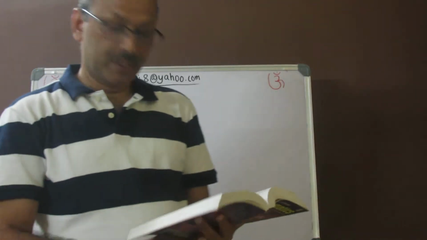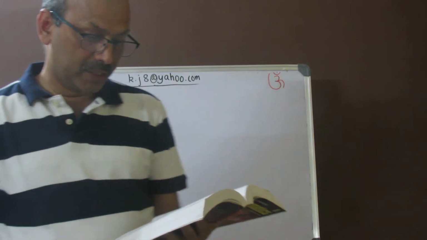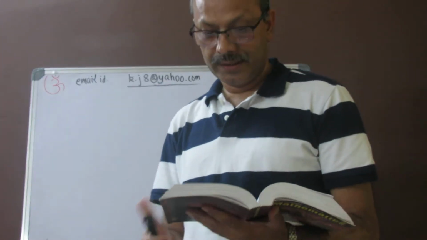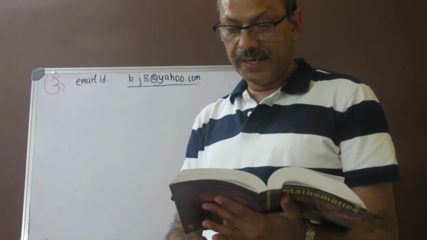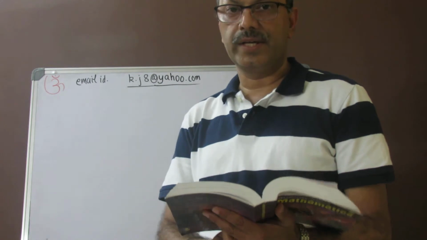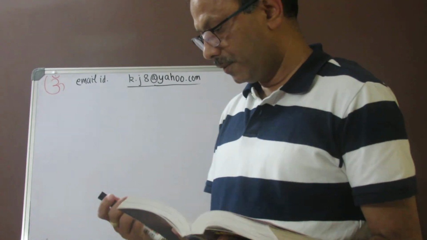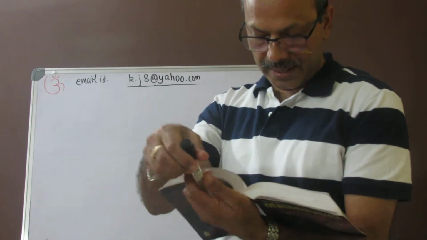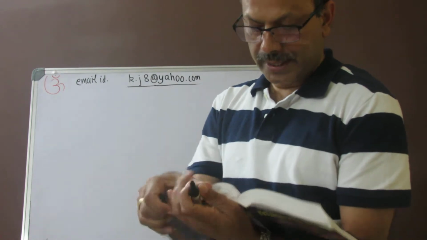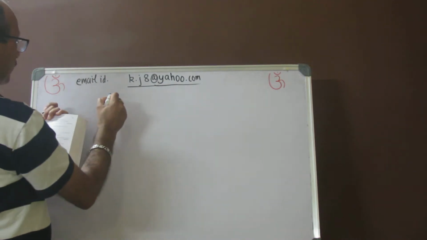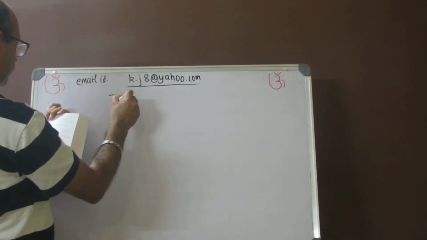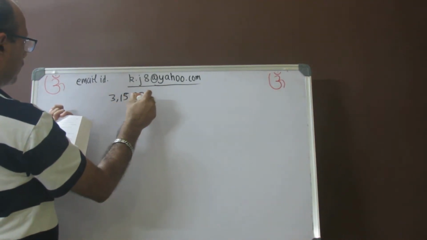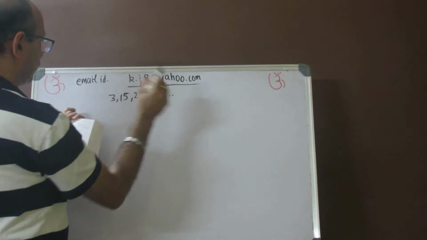So the question could be, which term of the AP 3, 15, 27, 39 will be 120 more than its 21st term? So let us again understand the question. We have been given an AP: 3, 15, 27, 39.